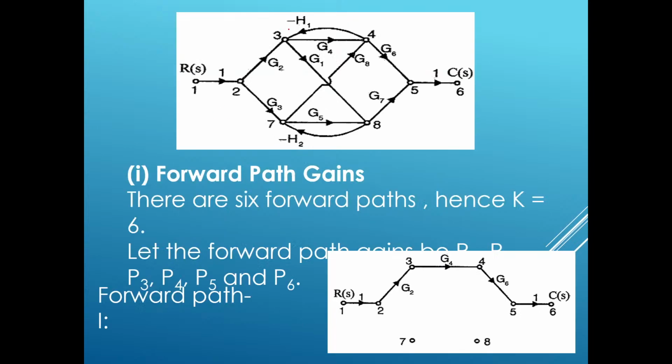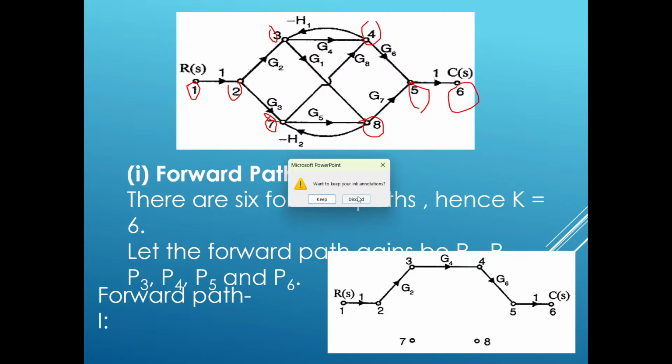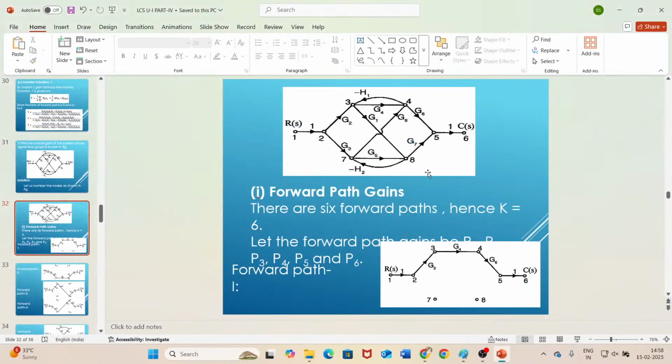Okay, so let us give the notations. Here I have assumed the nodes as 1, 2, 3, 4, 5, 6, 7 and 8. Total 8 nodes that I have got here. You can write down the nodes in the same diagram, no need to draw again.